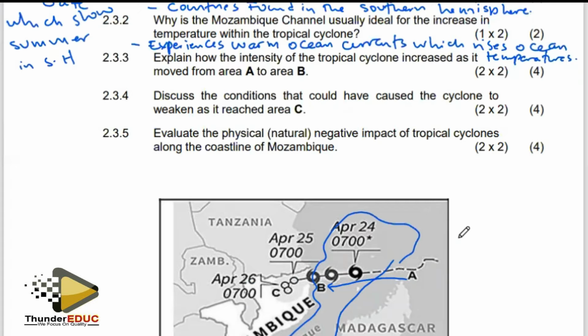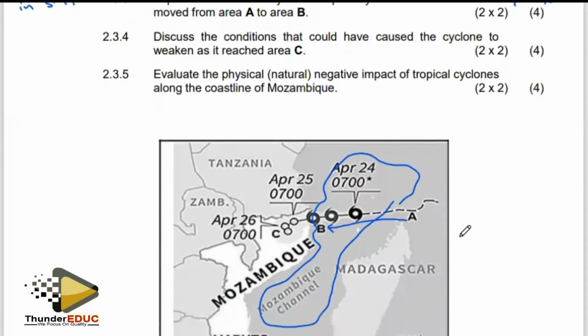2.3.4, discuss the conditions that could have caused the cyclone to weaken as it reached area C. Let's remove this one so that you can see clearly. This is area C here, almost close to the land.